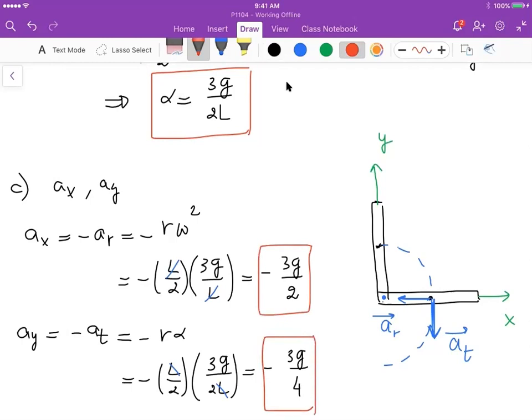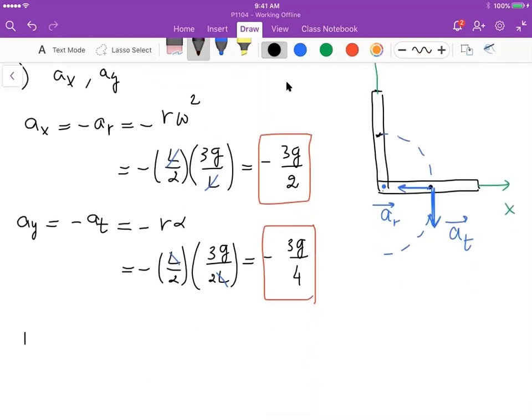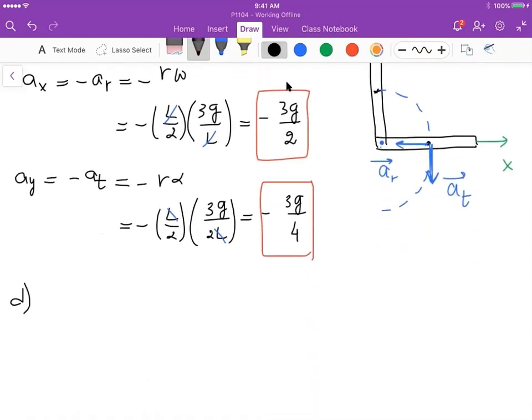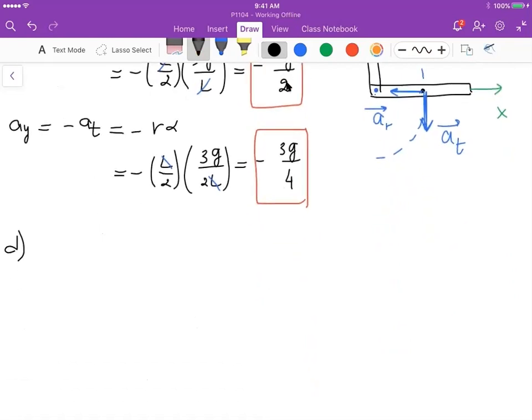The last question, part D, is to find the components of the reaction force at the pivot. I will draw the figure again. Here is the rod, and the center of mass is at this point.